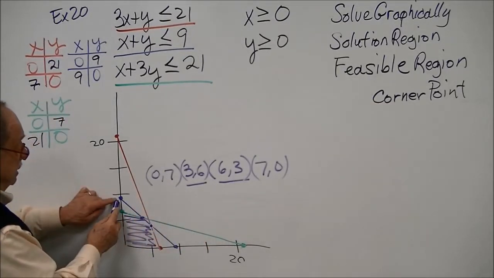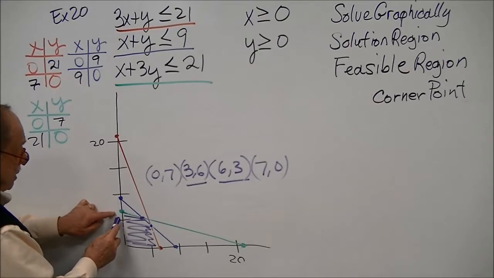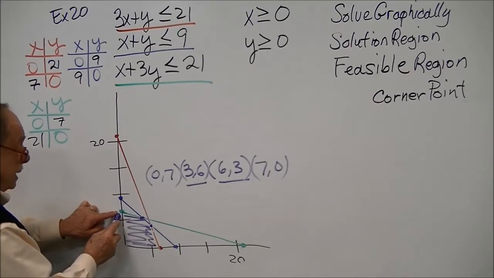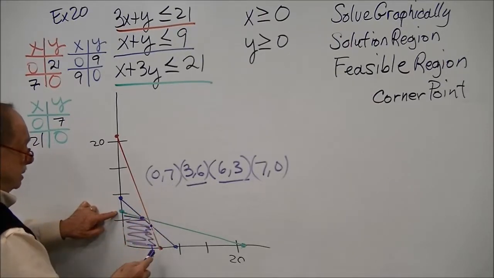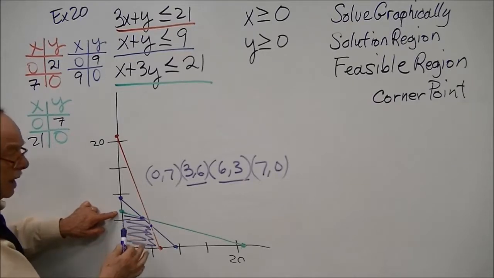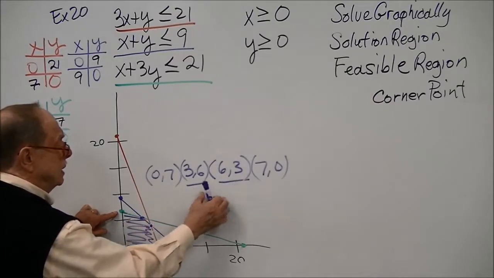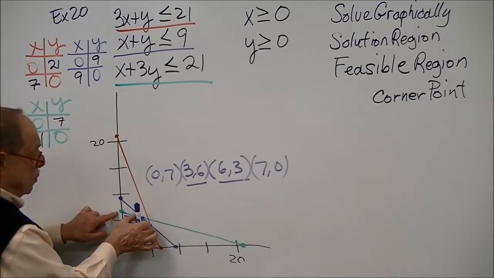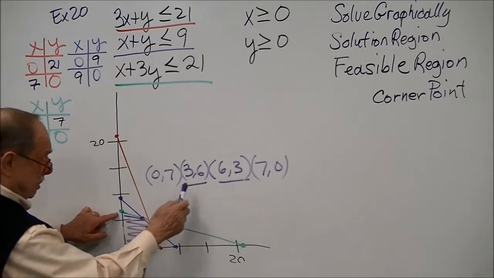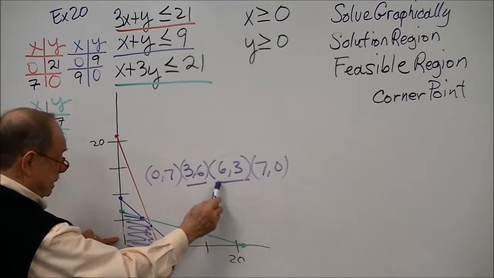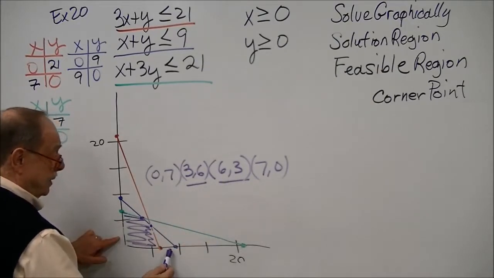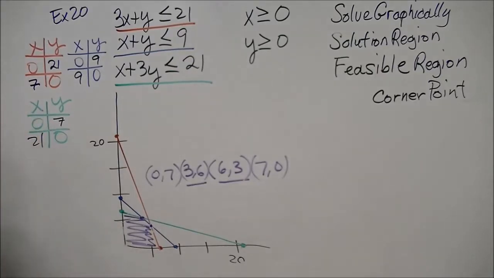Well, again, this is our green one, our Y-intercept, 0, 7. Now, if you had graph paper, it would sort of be easier to pick out these other corner points here. But it's 3, 6, 6, 3, and then our red one here is 7, 0.